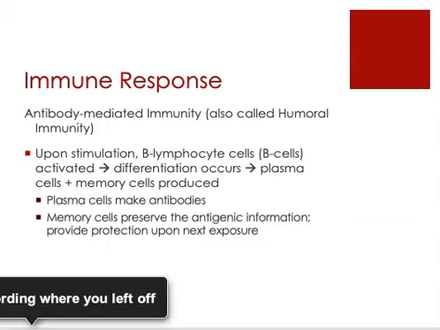So the B lymphocyte has to get activated in order to mature and divide and produce plasma cells and memory cells. Plasma cells are the cells that produce the antibodies, and memory cells are going to preserve the memory of the antigen that was presented.